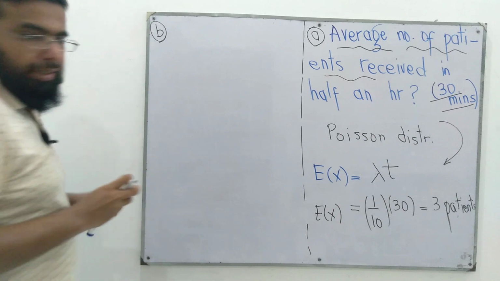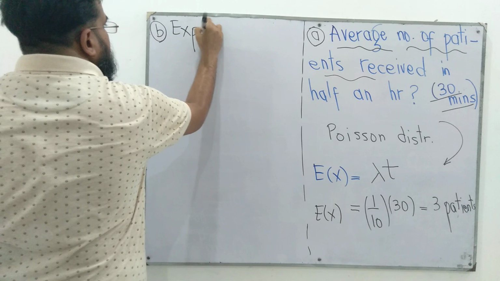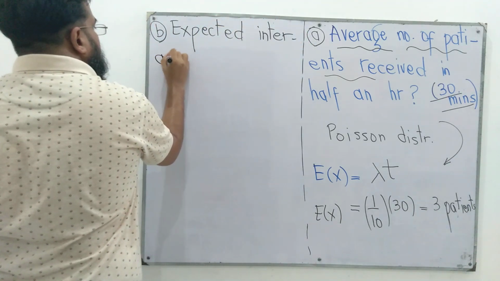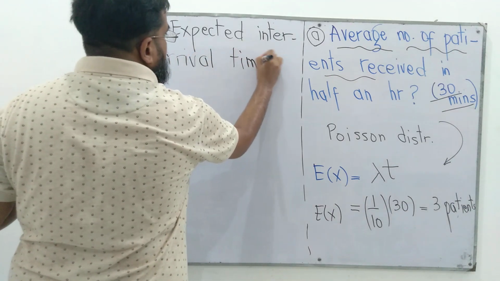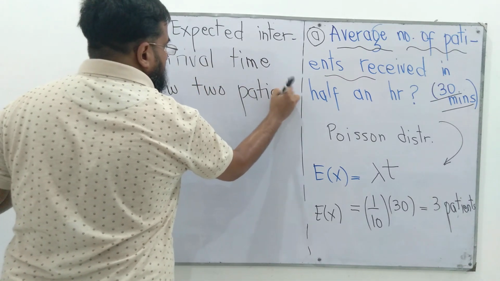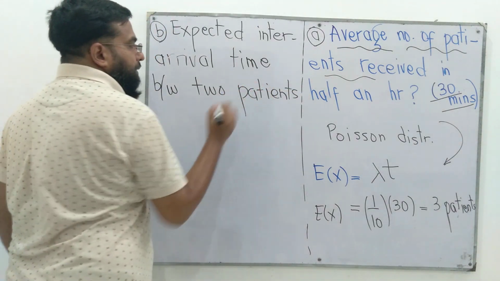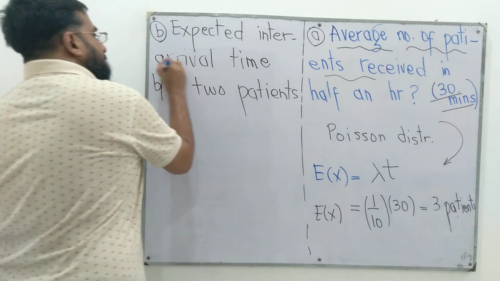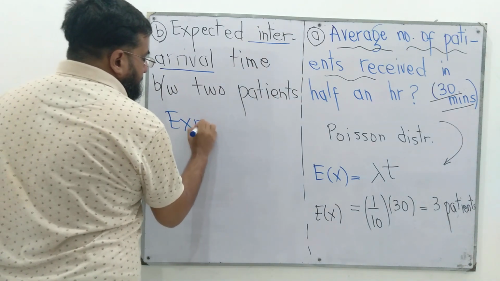Here we are required to find the expected inter-arrival time between any two patients. We know that in our earlier lectures we have modeled inter-arrival time with a distribution.